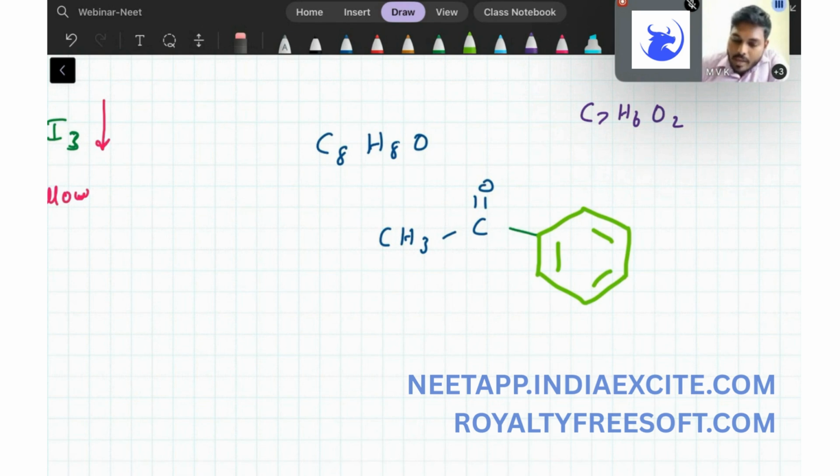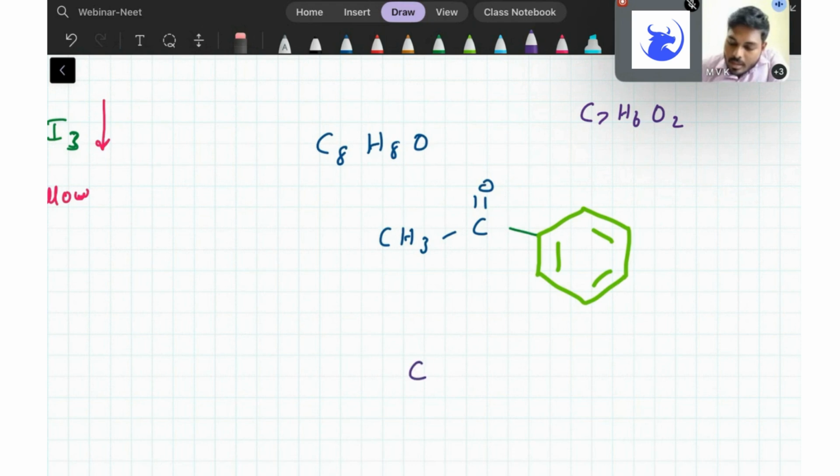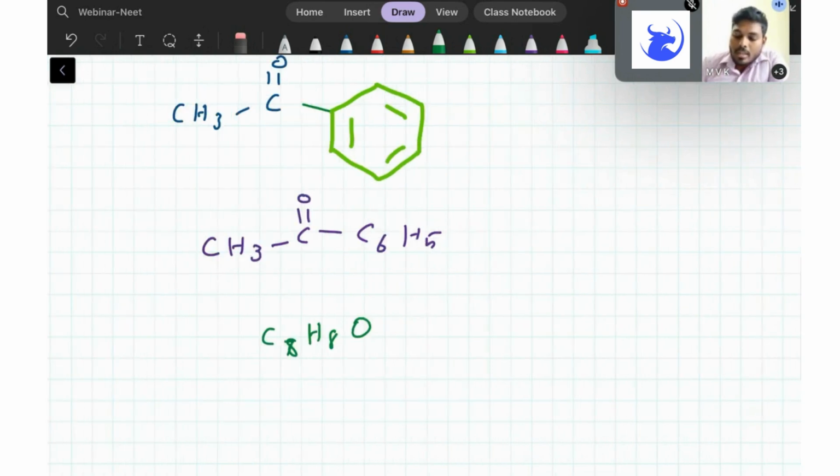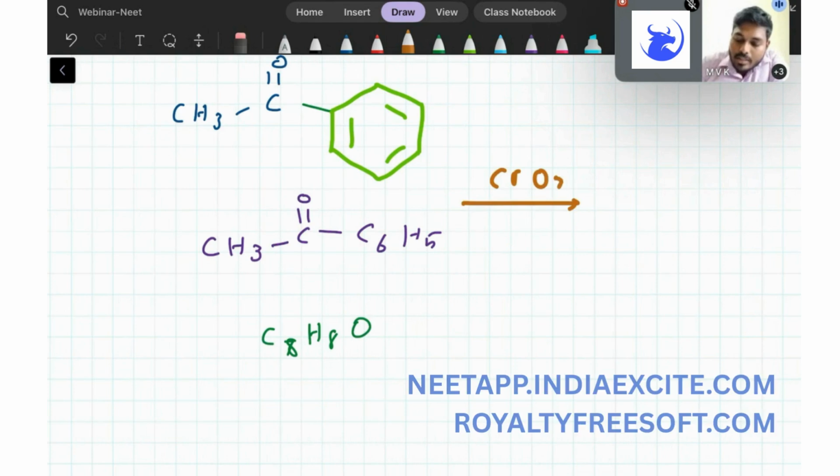What do we have here? It is nothing but our acetophenone, yes or no? C6H5, if you add that, what do we get? We get C8H8O. Clear? And what happens when we oxidize acetophenone in the presence of chromic acid?